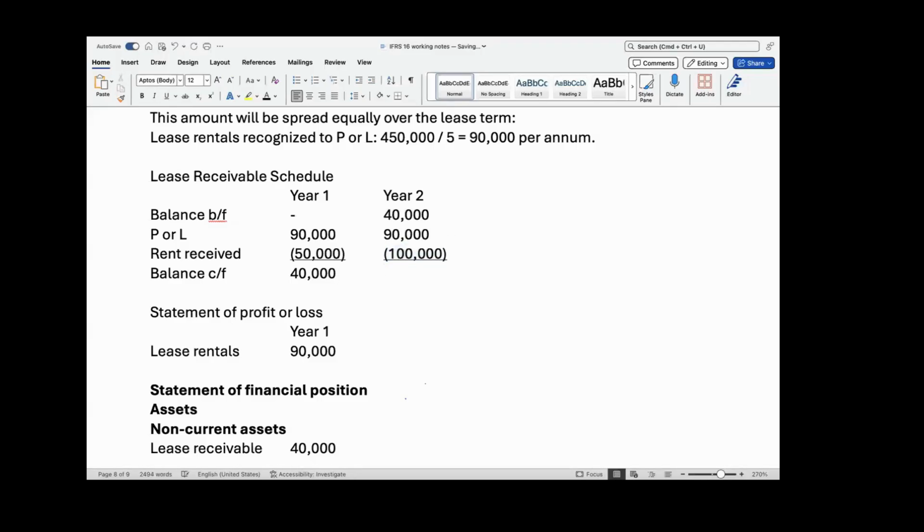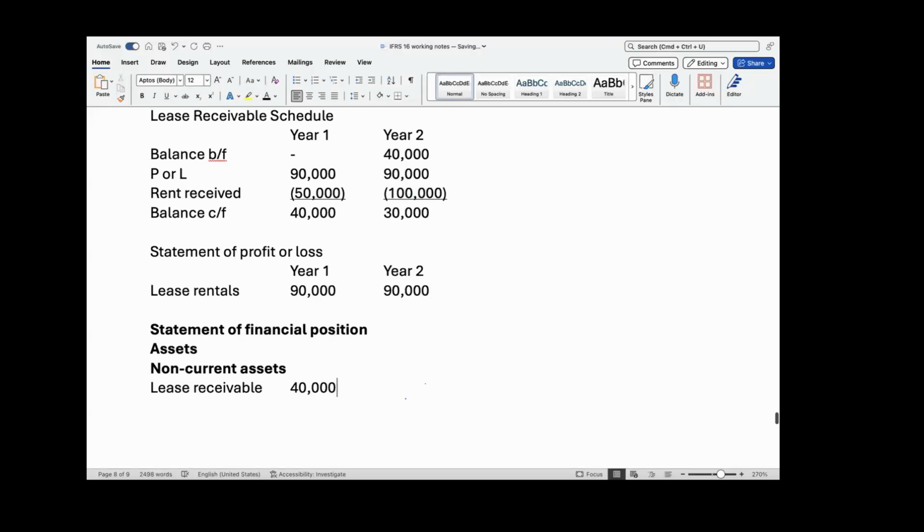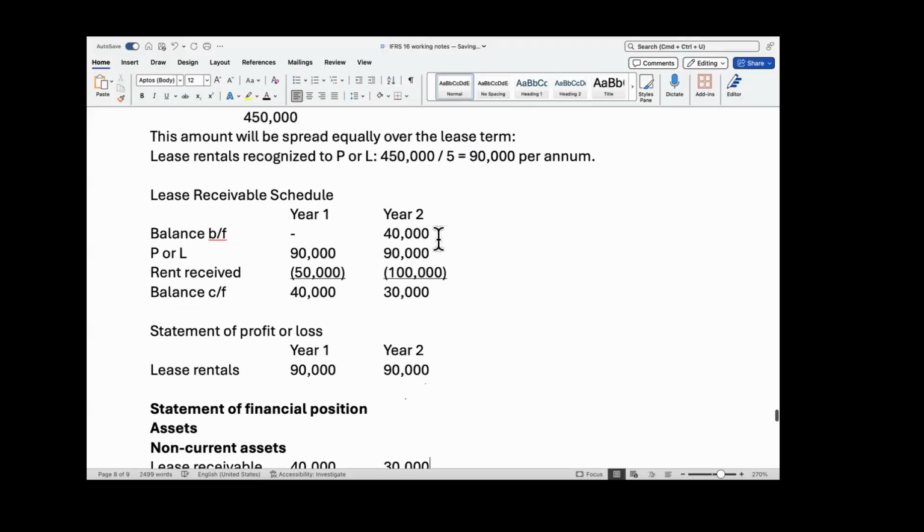So the balance becomes 40 plus 90 that I've recognized, making 130. Then I received 100 out of that 130, remaining 30. So again, in year 2, my P&L is still 90,000. My lease receivable is 30,000.